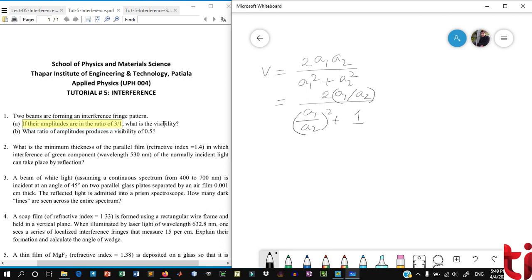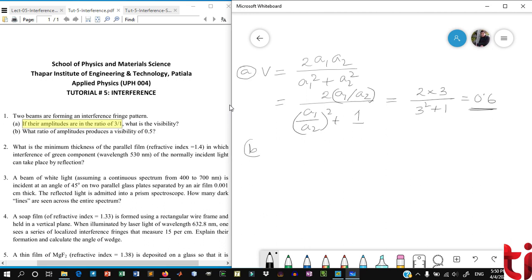Now we can use this ratio directly and get the visibility. So it's 2 into 3, divided by 3 squared plus 1, which is equal to 0.6. So the visibility turns out to be 0.6. So that's our problem 1a.